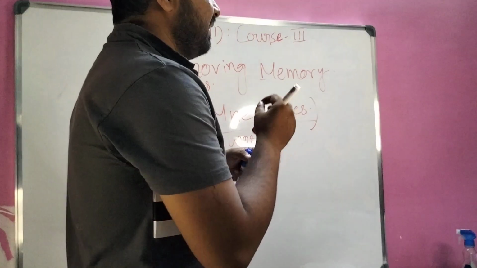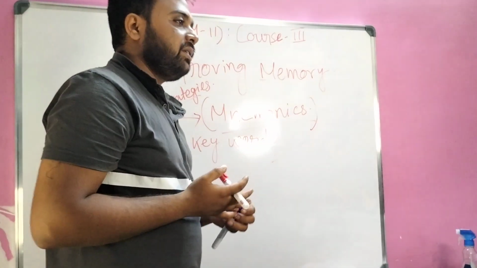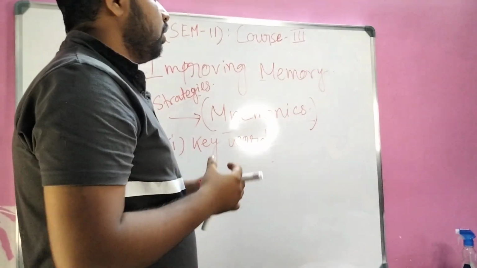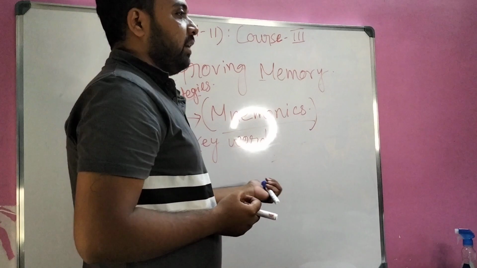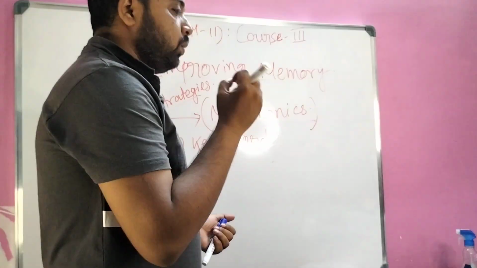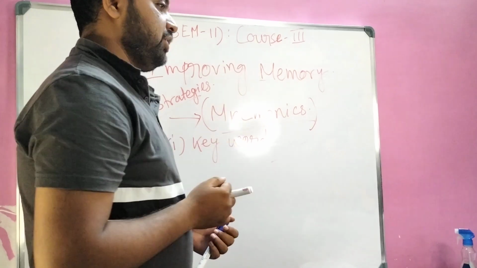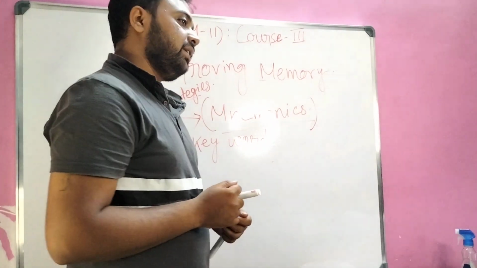Before we memorize anything, or before we remember study material, thought processes, or different kinds of laws and theories, we use a keyword. A keyword is a very effective thing for retaining information. What kind of keyword do we use generally?